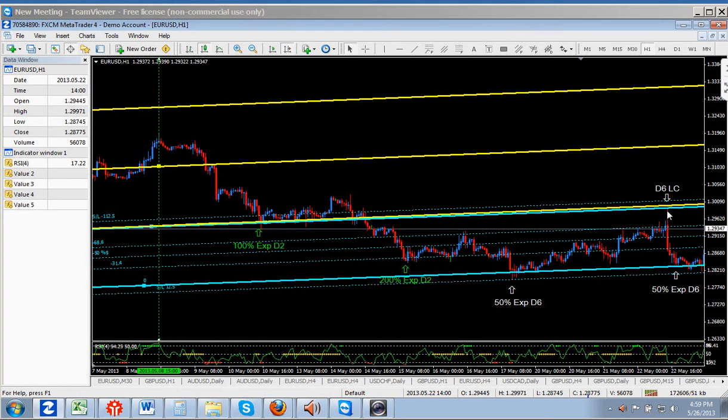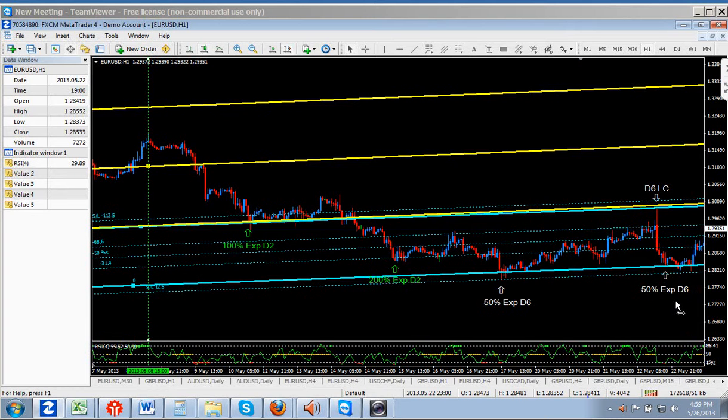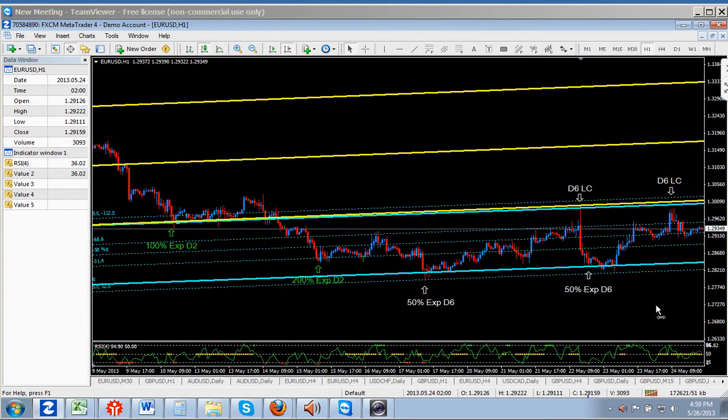It retouched the lower channel there of D6, okay, D6LC, okay. And traders can trade the sell off of that. It declined in a strong manner and retouched the 50% expansion of D6 again, okay, and bounce right back up.